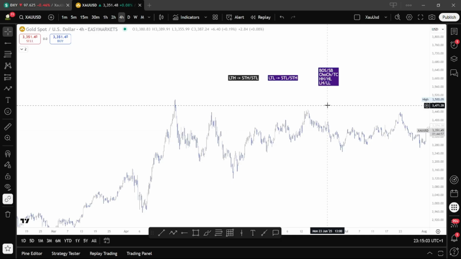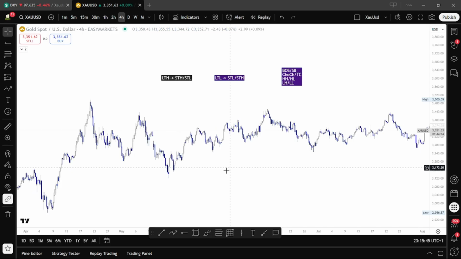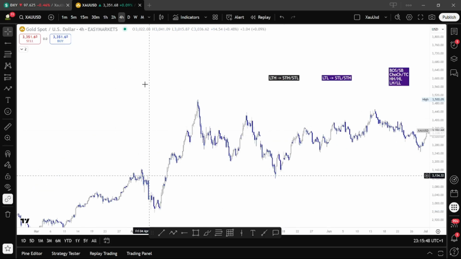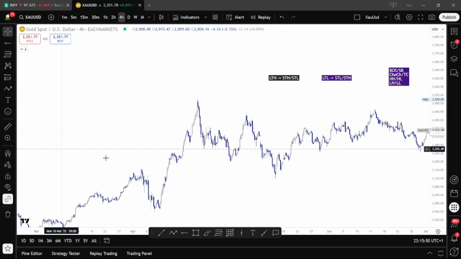We are going to talk a lot about market structure because this is the backbone of a successful trader. So LTH, long term high. What does it mean? When you are looking at the price chart, from the correct time frame, the highest swing high of that time frame is what is referred to as the long term high.